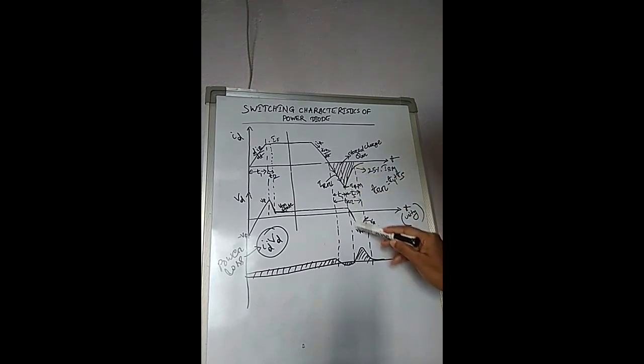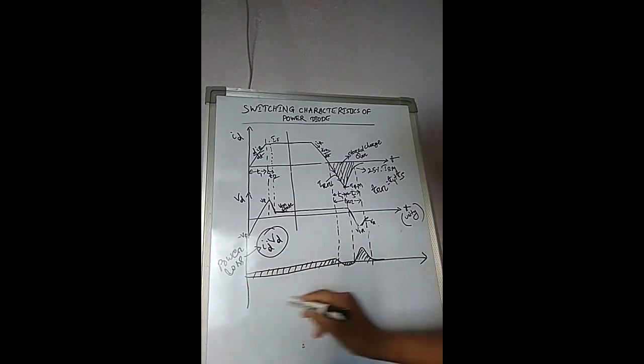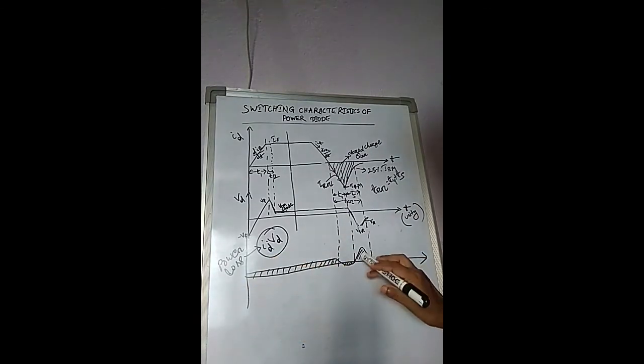So during time T5 both voltage and current are at peak level. That's why the power loss during T5 is maximum. If we find the average value of this power loss, most of the power loss will be found in this T5 region. So during this time major power loss will occur.